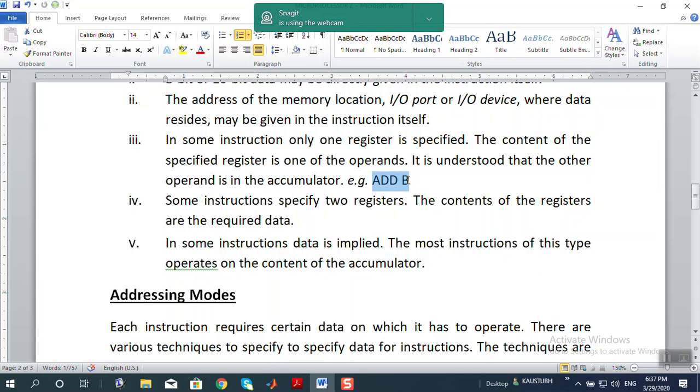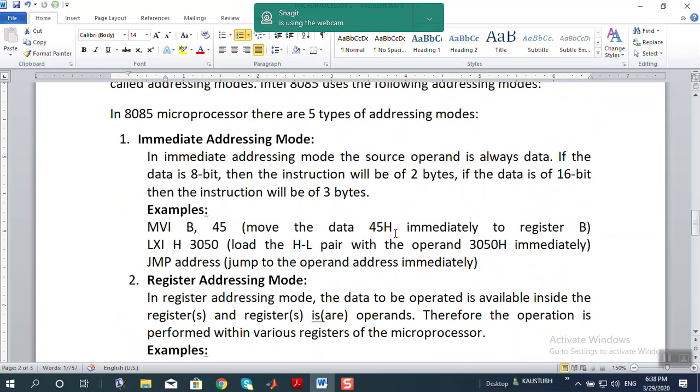As you can see here, I have not specified the data. Where is the data? Data is in register B, and it is understood that the other data to be added is in the accumulator already.